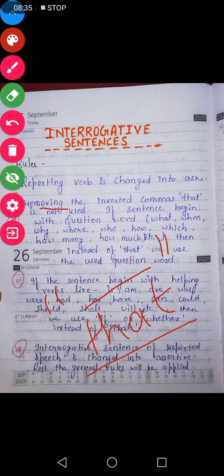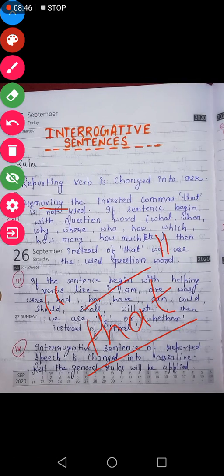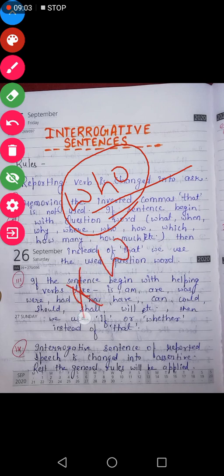Then what will we use? Now you have to understand it here, students. You have to listen very carefully. If the sentence in direct speech begins with a WH word, then the same word will be written in indirect speech. Means when you remove the inverted comma, you will write the same word.